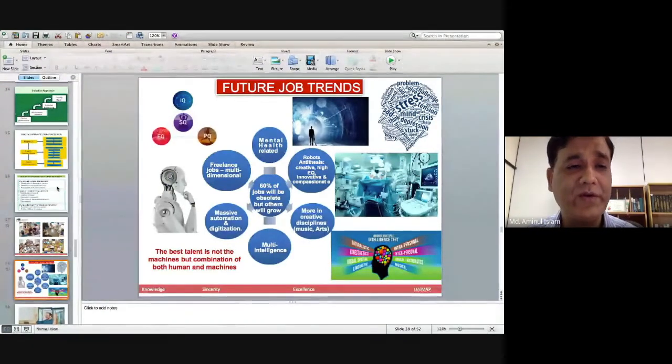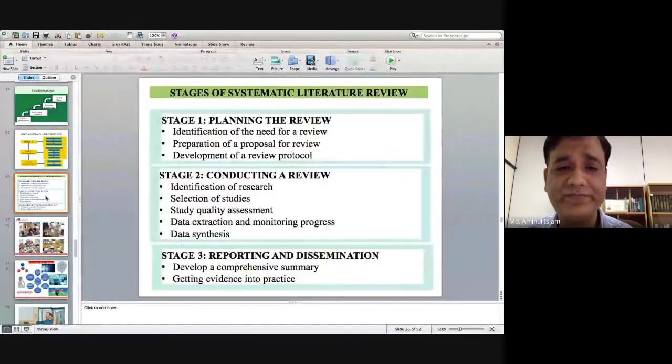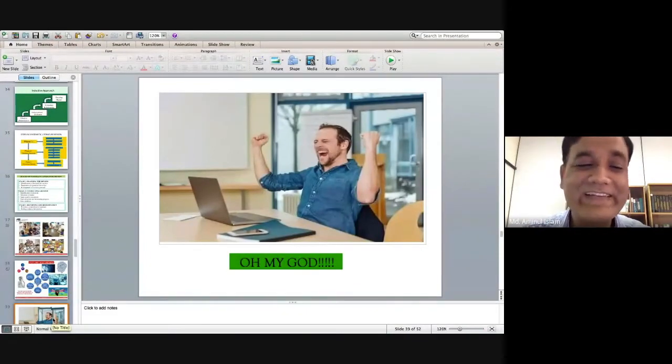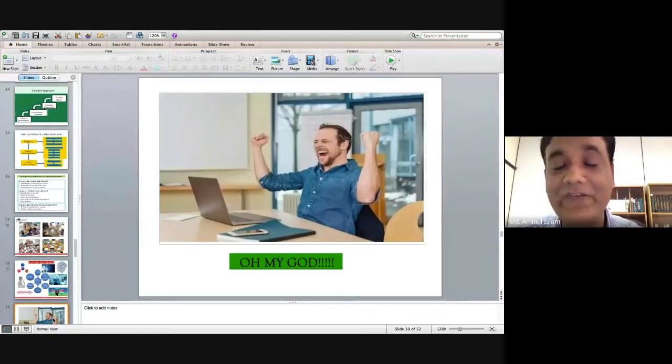So if you do a good systematic literature review and follow this process, this is what you are going to have. Every one of us would like to say, wow, I have done it. After struggling for 9 months or 1 year, I managed to get something very concrete. I have the relevant theories to frame my research. I have identified the right kind of variables.